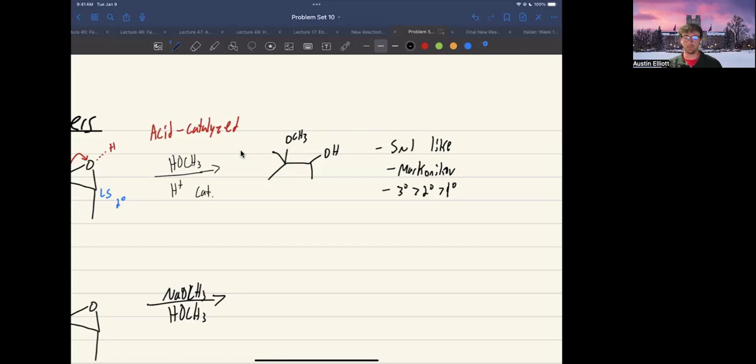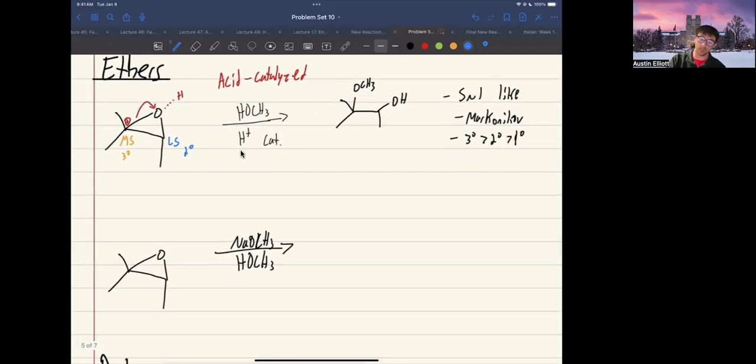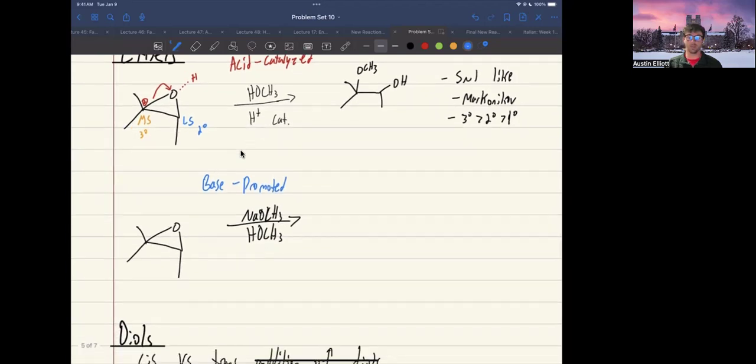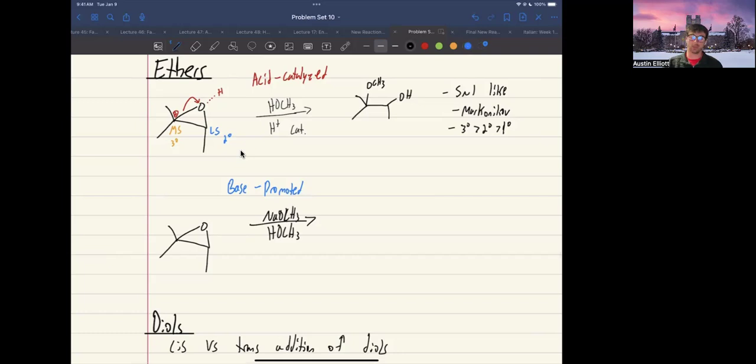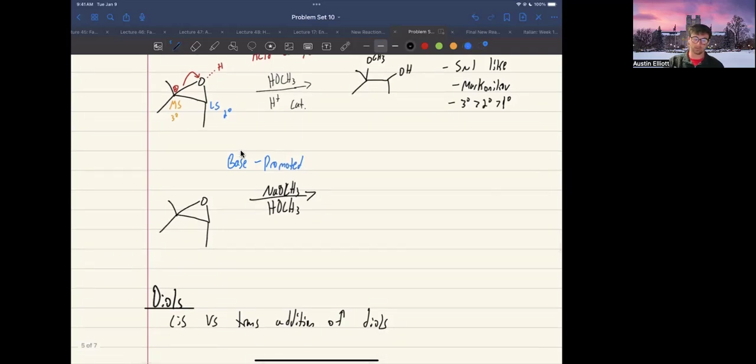Now moving on to the base promoted, it's basically the opposite. So in this reaction, we're going to have our OCH3 group add to the less substituted carbon. So it's the exact same molecule as the acid catalyzed one, so you can look there. When we have our product, it's basically just going to switch the position of the alcohol on the ether group.